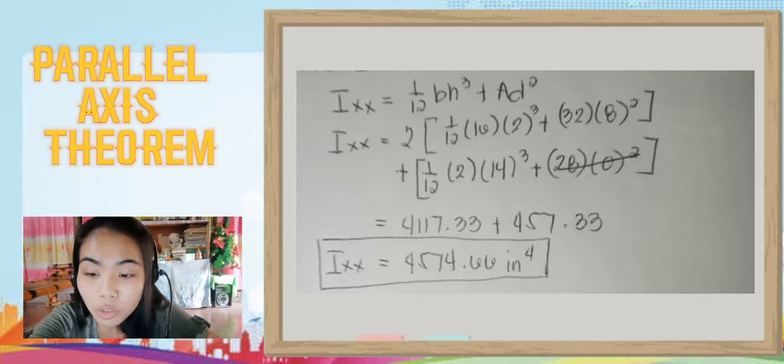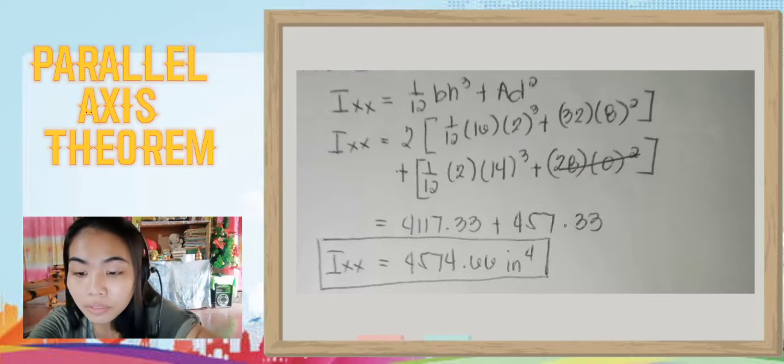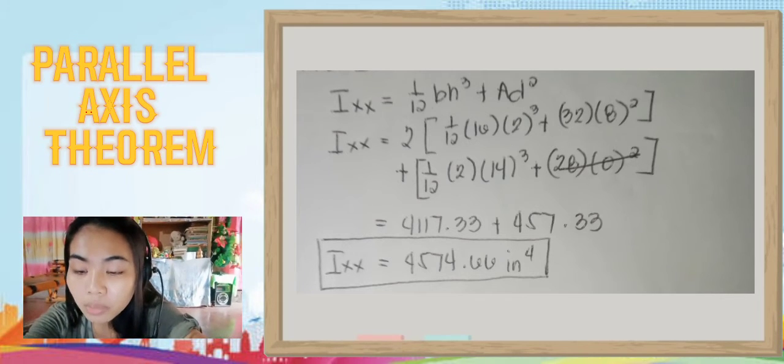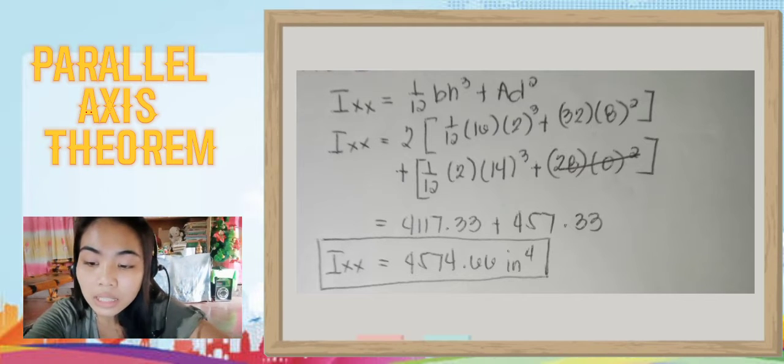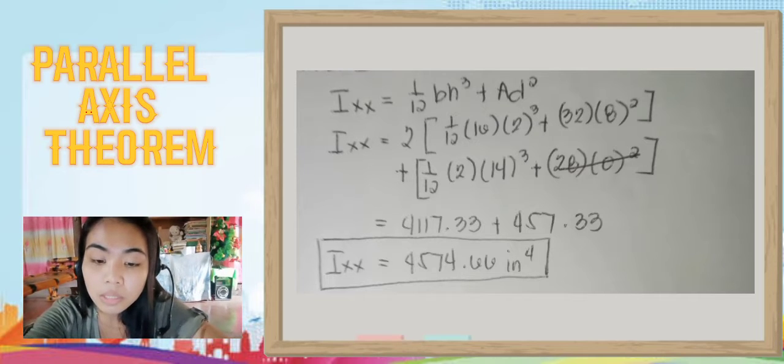So we will just use 2, since the bottom and the top are the same, and their values are equal.